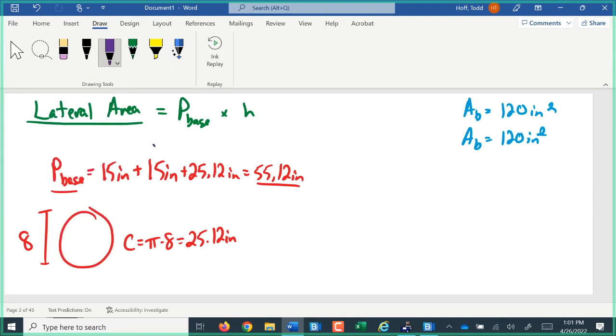I'll pause. I see a couple of you ready. So how do we use that to find the lateral area? Perimeter of the base times the height. So the perimeter of the base is 55.12 inches times the height of 25 inches.